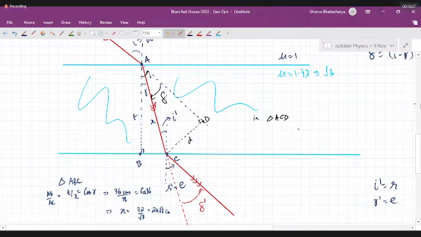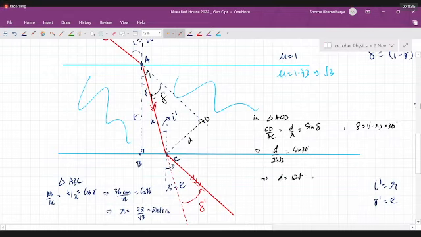That should be equal to sine of delta, where delta is i minus r, or in this case 30 degrees. So d divided by x, which is 24 root 3, is equal to sine 30. So d is equal to 12 root 3 centimeters approximately.